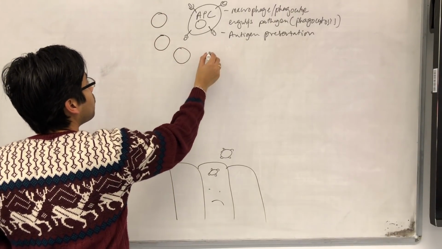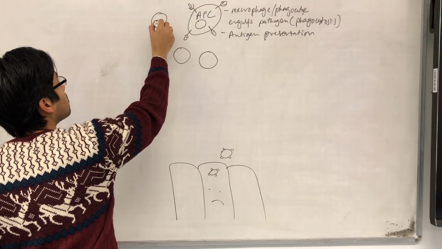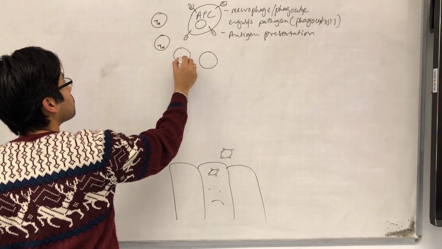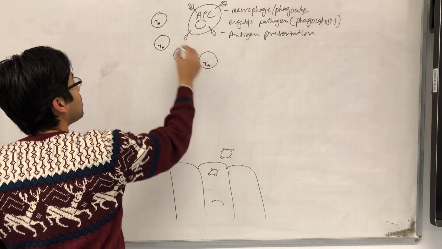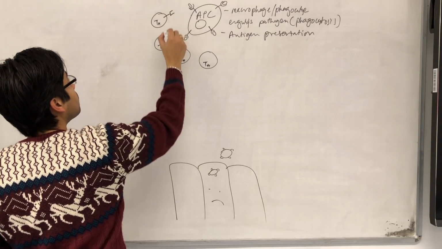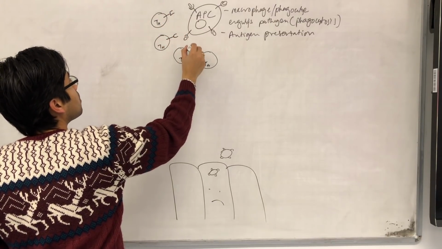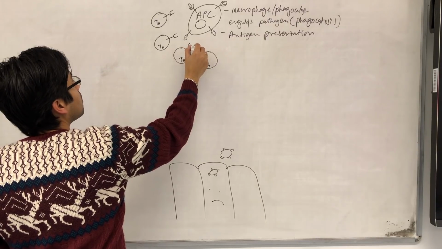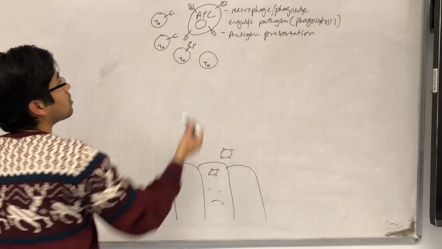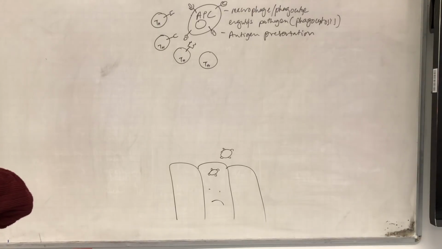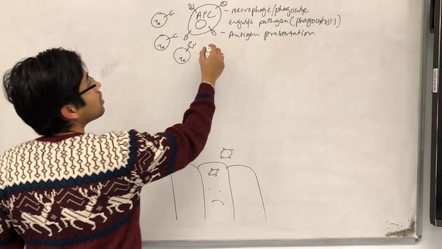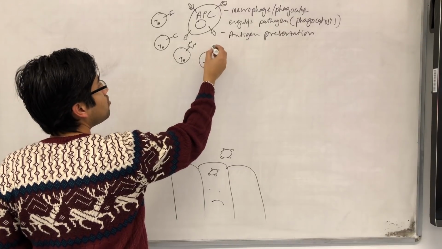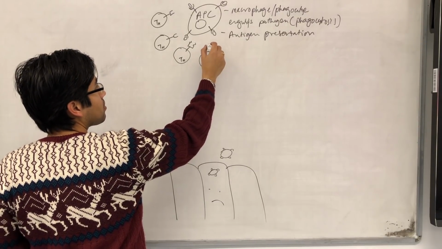Now, we then have a range of T helper cells. We have loads of T helper cells, all with slightly different CD4 receptors or T cell receptors. This is what they use to identify their infected cells.